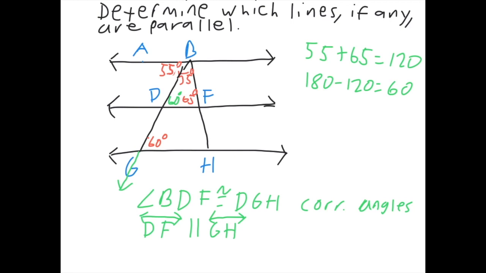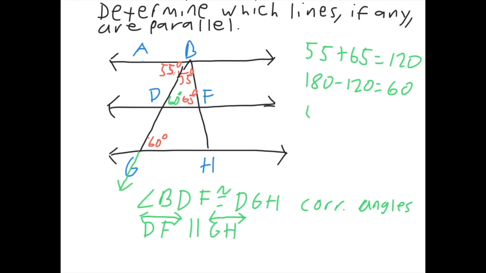Awesome. Now let's see if the other two are parallel. Let's see if AB is parallel to those as well. So another thing I look at is we see that this angle right here is 55 degrees and this angle right here is 55 degrees.